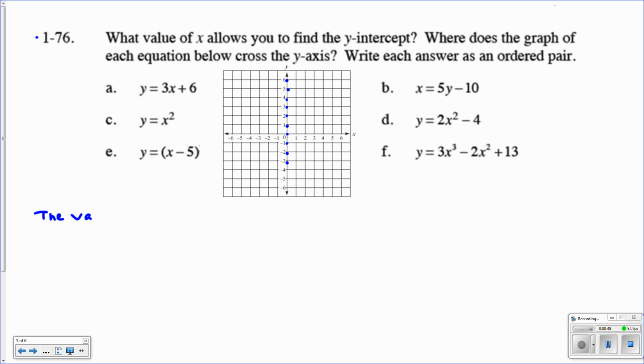So the value of x that allows you to find the y-intercept is 0.